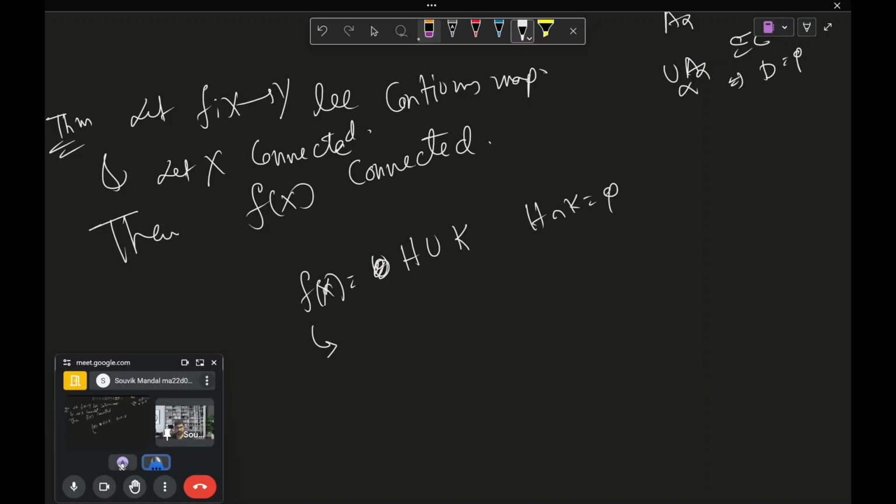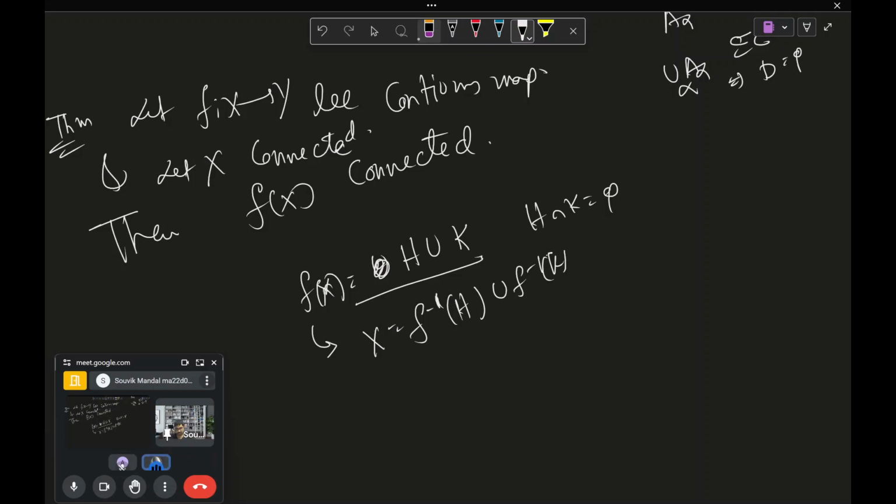Then if you take F inverse of H intersect K, the inverse image of H intersect K, f(x) equal to h, f(x) equal to k, right?